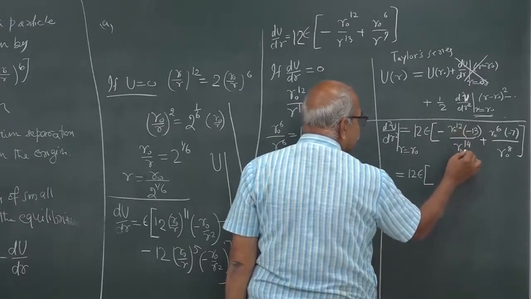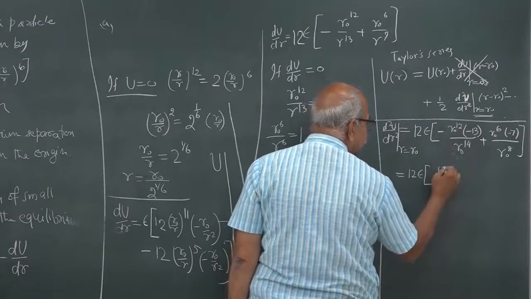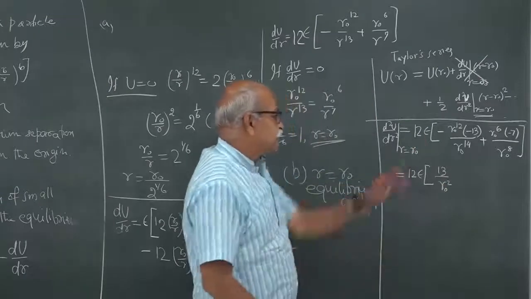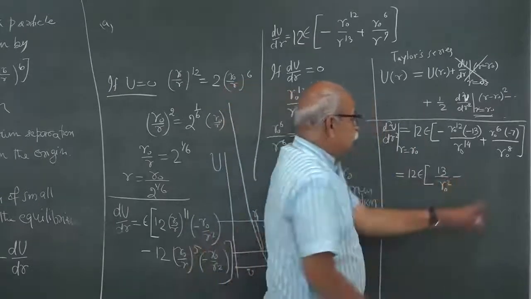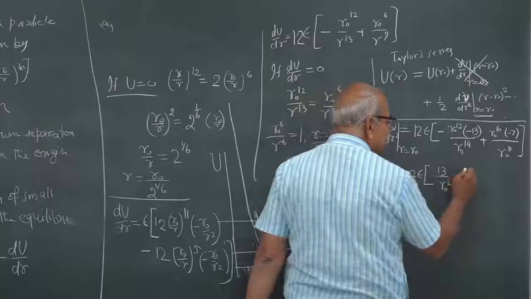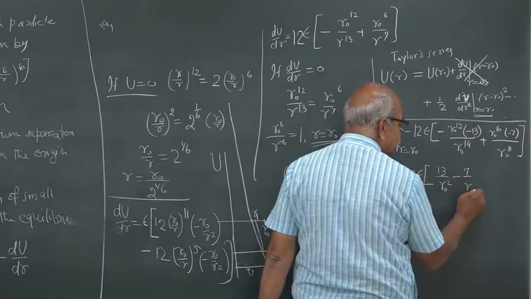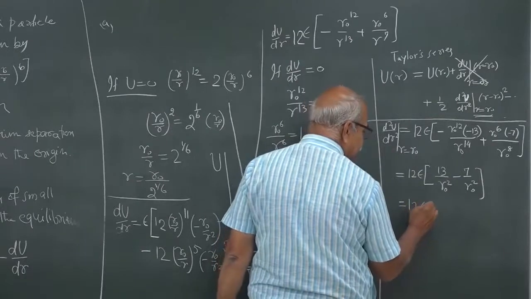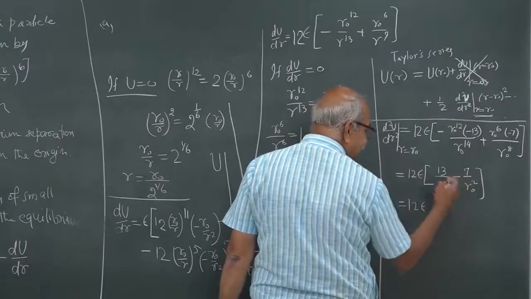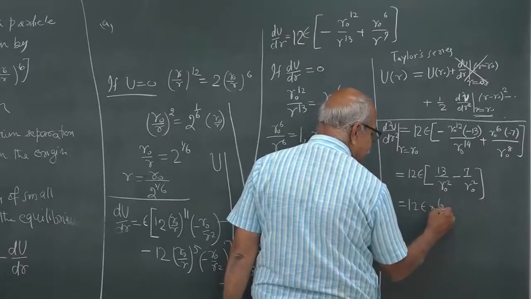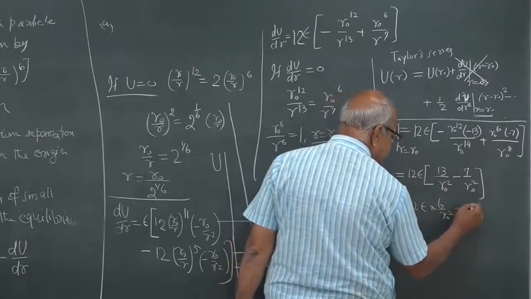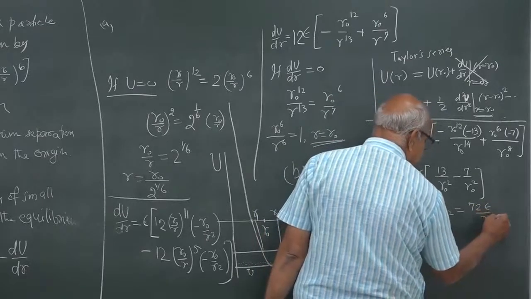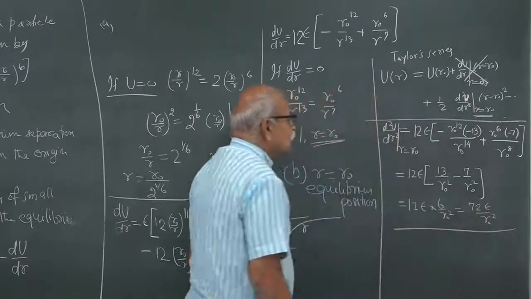So, it is r naught to the power 2. So, it is 13 divided by r naught square, the first term. The second term is minus here and 7 here, divided by r naught square. So, this is 12 epsilon into 6 divided by r naught square. So, it is 72 epsilon divided by r naught square.